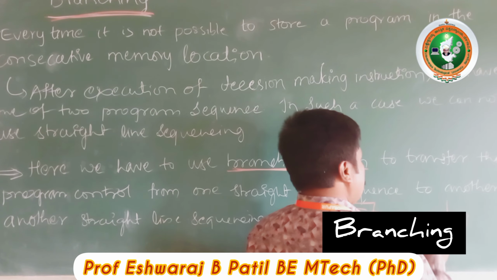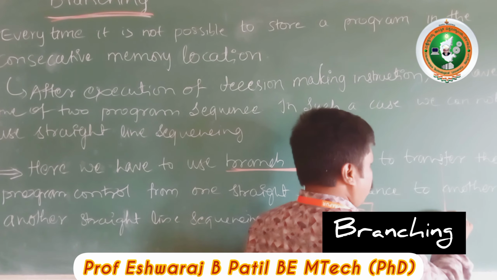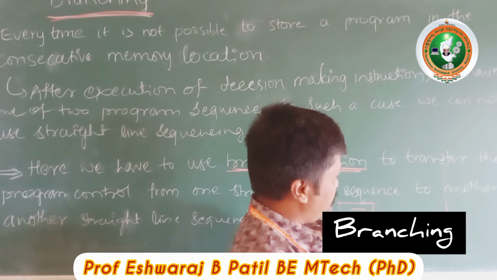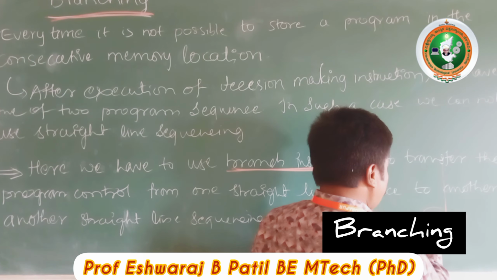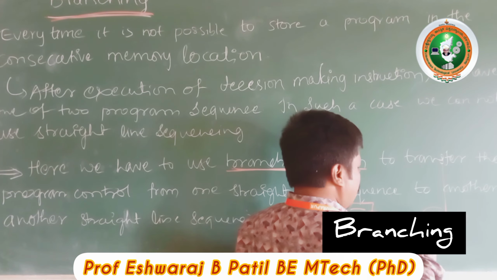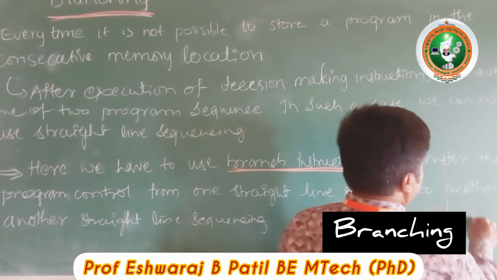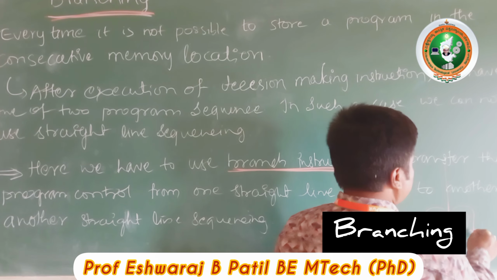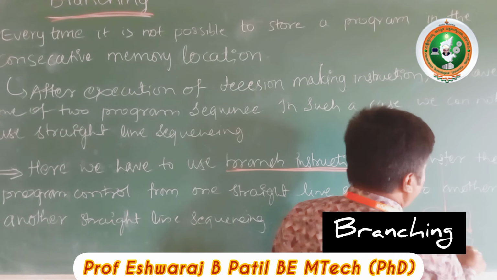In such a situation, with branching, the sequence of code cannot be executed in a straight line. The control will go to either one of two: if it's true, this line of code is executed; if it's false, then the other line of code is executed.